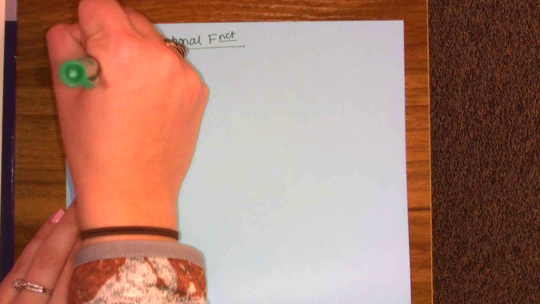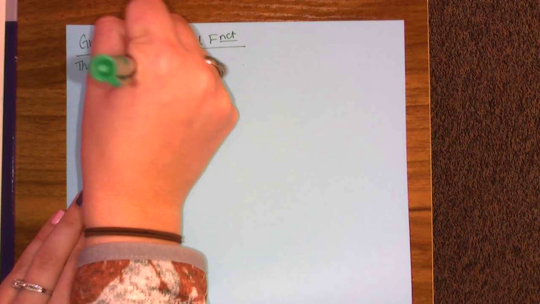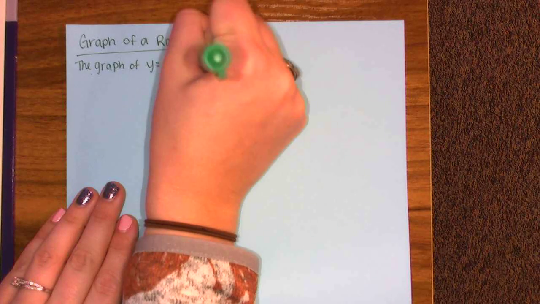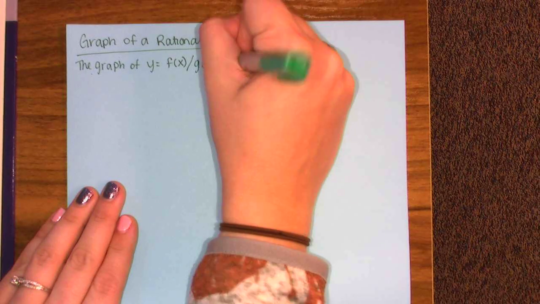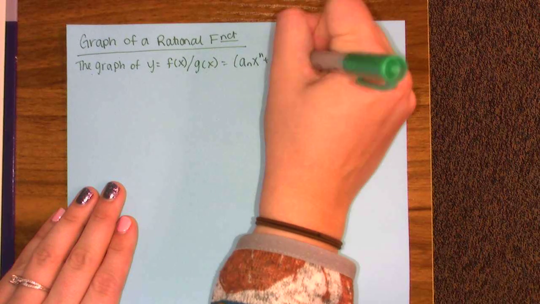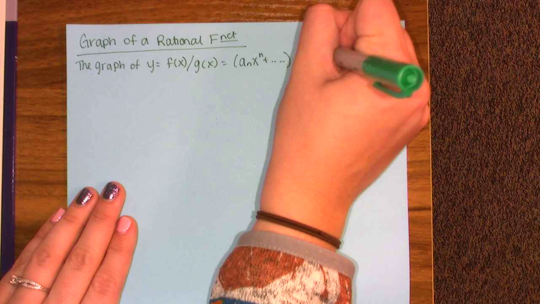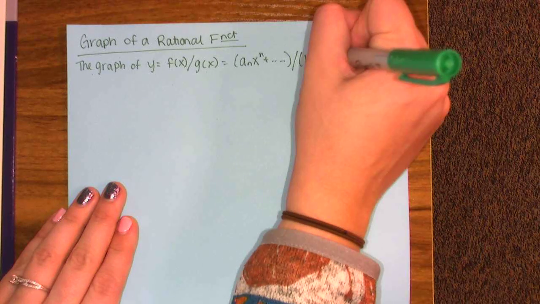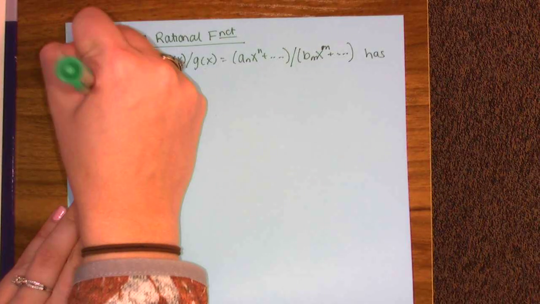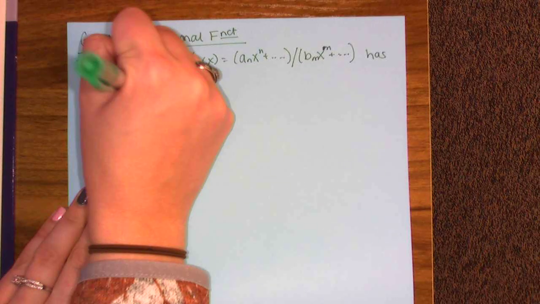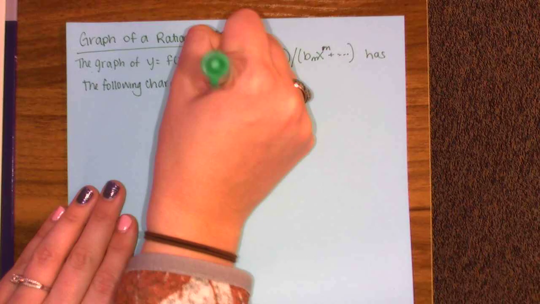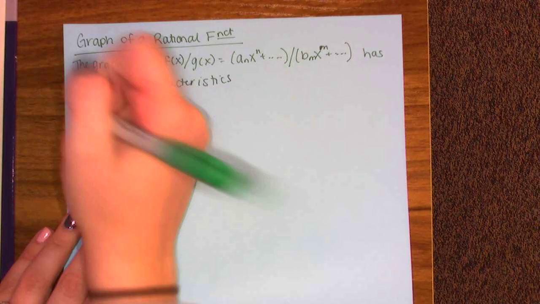The graph of y is equal to f of x divided by g of x, which would be something like a sub n x to the n plus dot dot dot, divided by b sub m x to the m plus dot dot dot, has the following characteristics, and there's going to be 4 of them, with some things underneath each of them.